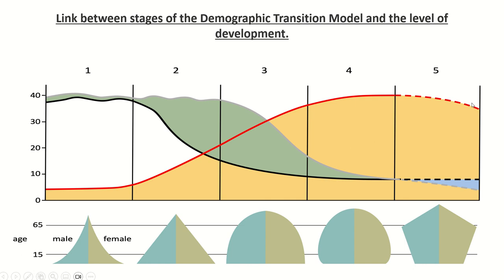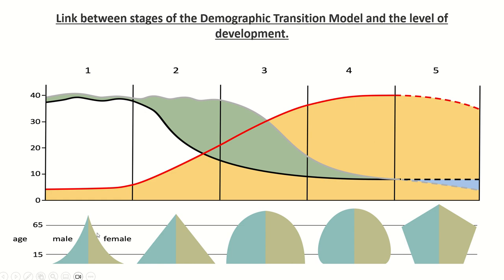These projections are uncertain as they are based on statistics, but nonetheless, that is the demographic transition model. The stages go from stage 1, indigenous populations, stage 2, LICs, stage 3, end of 2, NEEs, and then 4 and 5, HICs. Along the bottom, you'll also see some population pyramids.